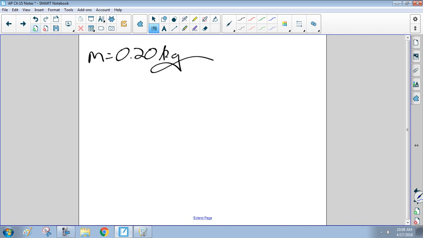This spring has some spring constant. I don't happen to know what it is. All right, and I did a crap job and I kind of set it up so the bottom of the spring lines up here where the position is 0. Cool?